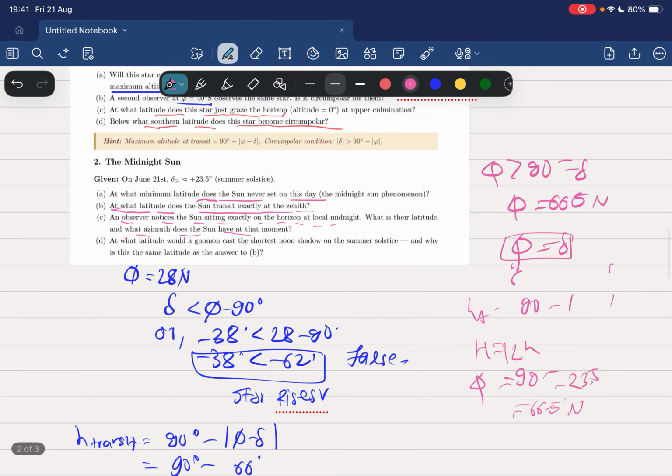And for question number D, of course, shortest known shadow would mean at noon, the sun must be as close to zenith. In fact, exactly at zenith, which means it must be exactly 90 degrees. So it basically gave the same answer as question number B, because these are just two ways to describe the same thing, one via shadows and another via altitude.